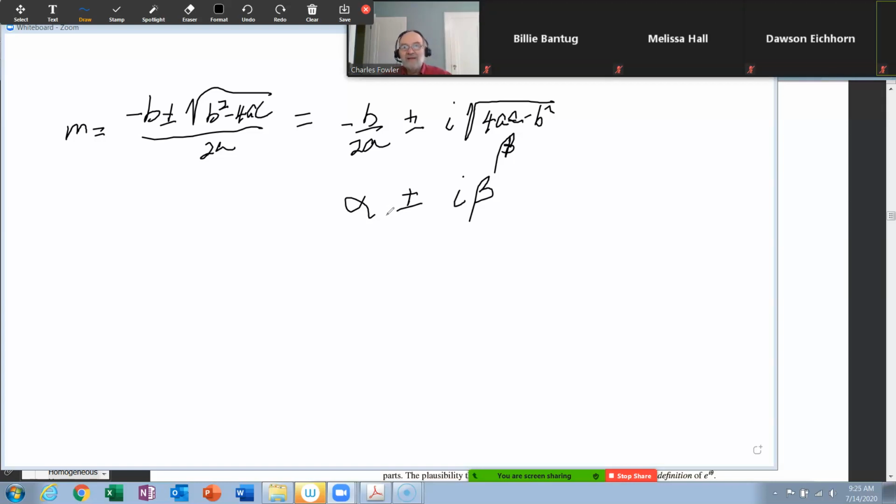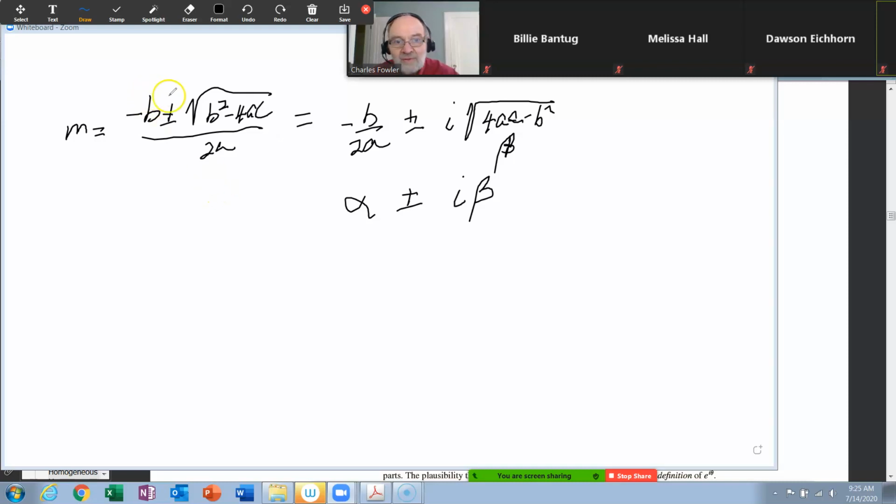Rather than writing minus b over 2a every time, they just write the letter alpha. And rather than writing the square root of 4ac minus b squared every time, they just write beta. So those are our complex solutions to the quadratic formula.